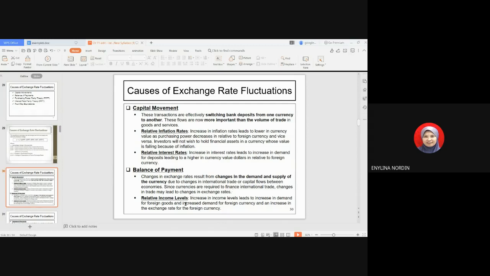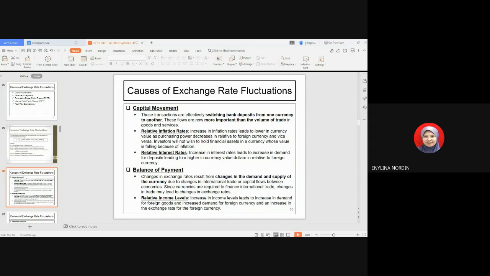The next one is about balance of payment. This refers to the country's current account, which reflects the balance of trade and earnings on foreign investment, that is import and export. So the balance of the current account will influence the exchange rate as well. The balance of payment, or current account, consists of the transactions from export and import.